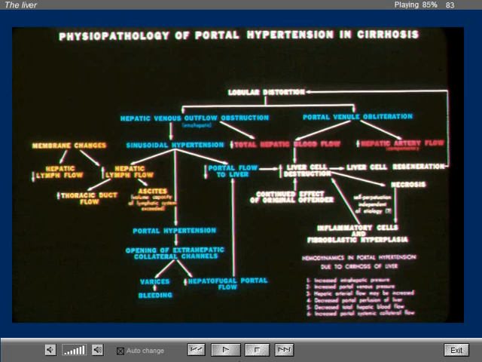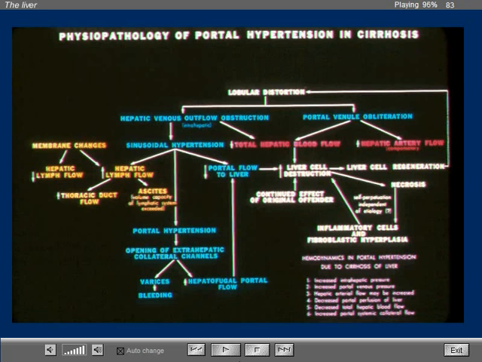We are going to see also inflammatory changes and fibroblastic hyperplasia, which is commonly seen in any type of cirrhosis. And in summary, hemodynamics in portal hypertension due to cirrhosis of the liver will show increased intrahepatic pressures, increased portal venous pressure, increased hepatic arterial flow, a decreased portal perfusion of the liver, and actually the total liver blood flow may be significantly reduced, and that will contribute to the necrosis of the liver cells.